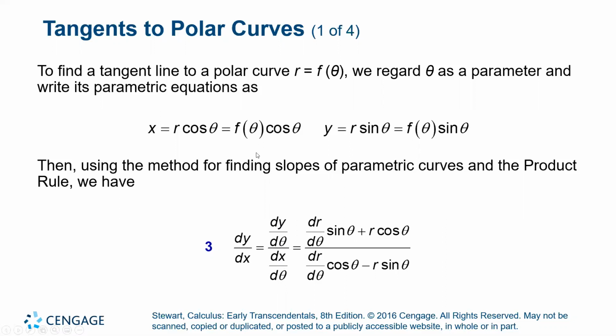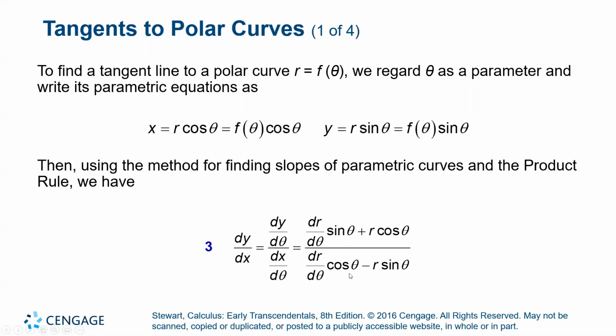And then if we use the product rule, with r cosine theta and r sine theta, the derivative of y with respect to theta would be, as a reminder, the product rule is the first times the derivative of the second plus the second times the derivative of the first. So what you see here is the derivative of the first, dr/d theta, times the second, plus the first, r, times the derivative of the second. The derivative of sine is cosine.